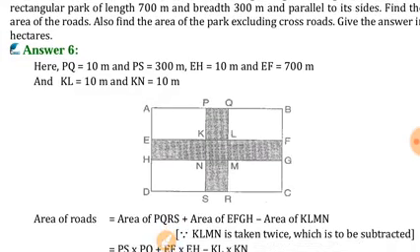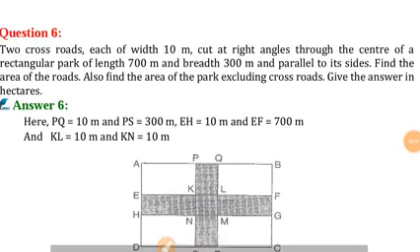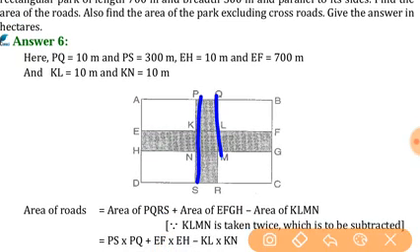See, here we have drawn the diagram like this. If ABCD is a garden, in this the crossroads are made, and we have named them PQRS and EFGH.